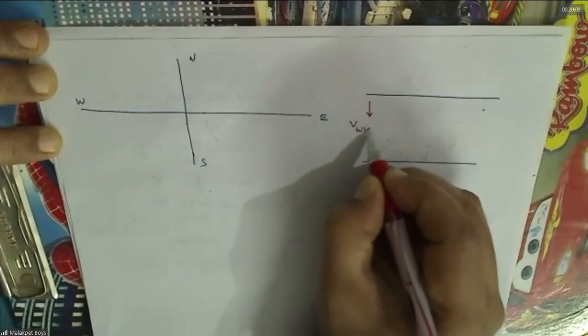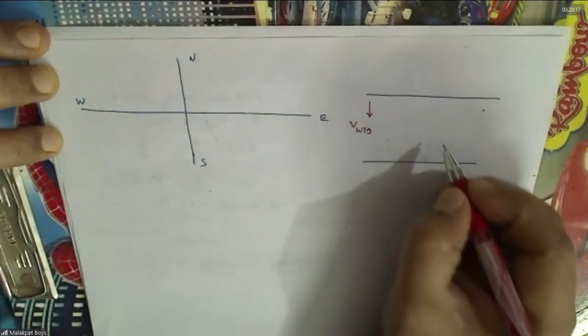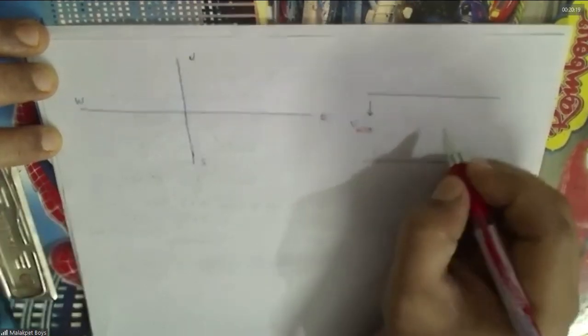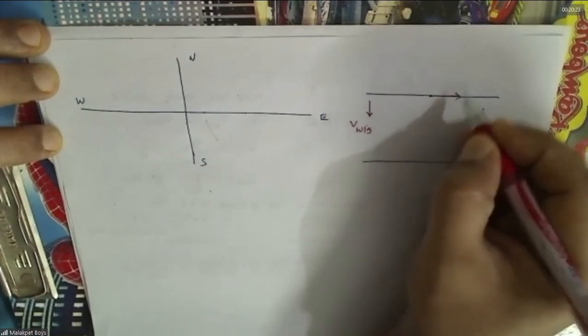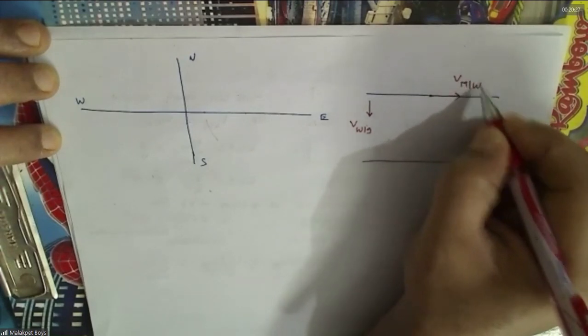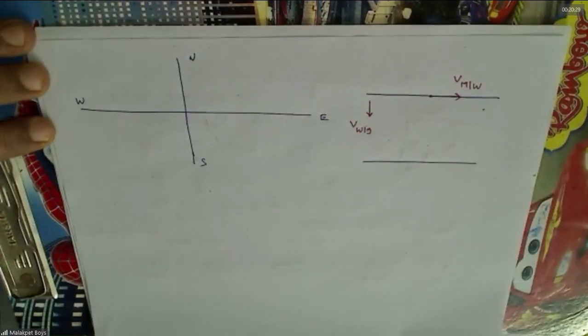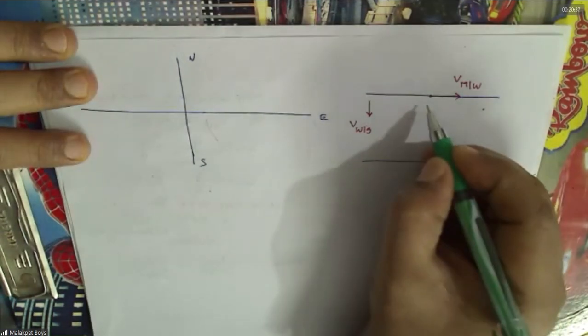Velocity of water with respect to ground. He is steering with velocity of man with respect to water in this direction, towards east, now he says. Okay. Now this is enough to superimpose these vectors.